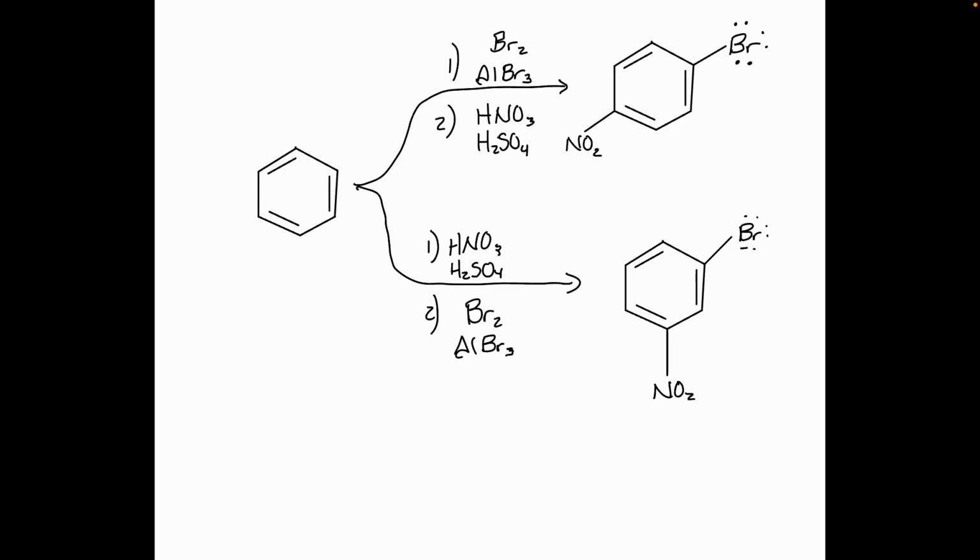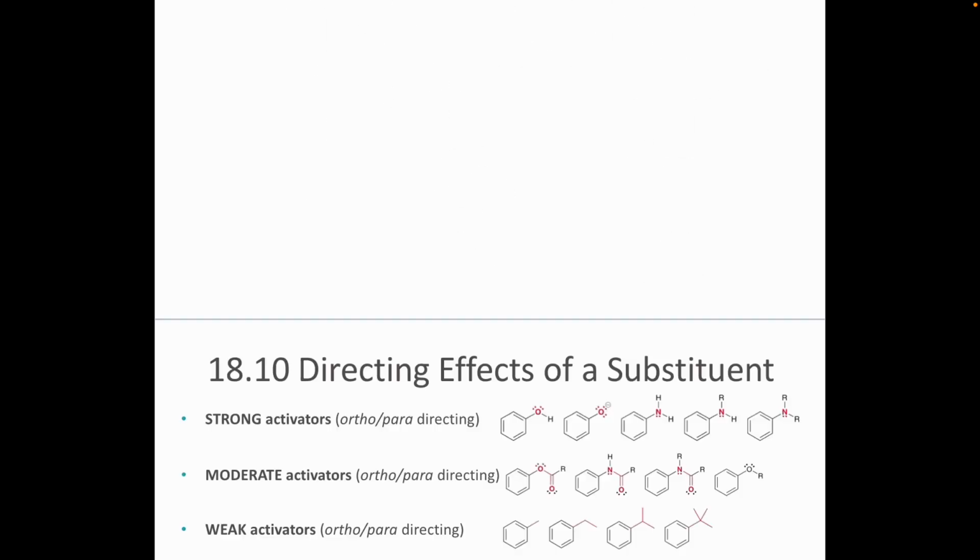So we're going to have to take all these different substituents in our benzene and lump them into different groups here. And we've seen this terminology before. Some of our substituents are what are called electron donating groups.